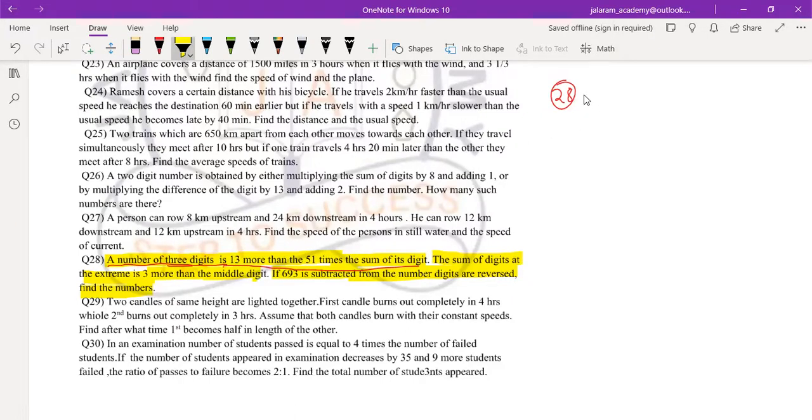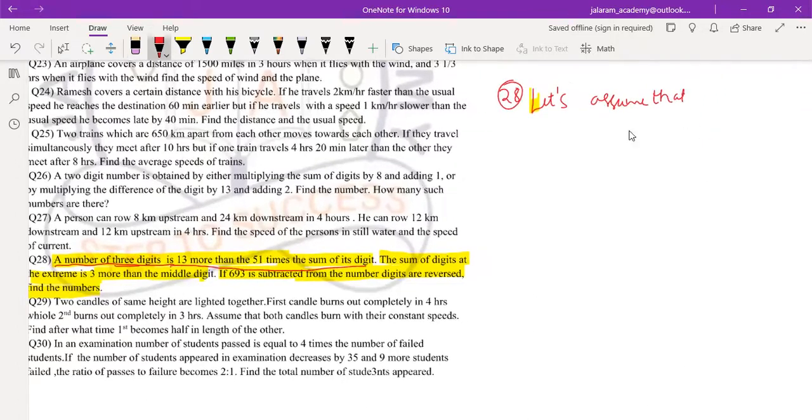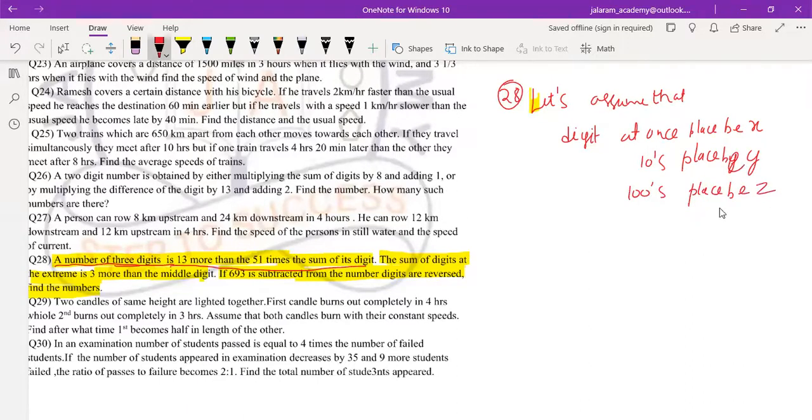Means first of all, let's assume that the digit at ones place be x, tens place be y, hundreds place be z.